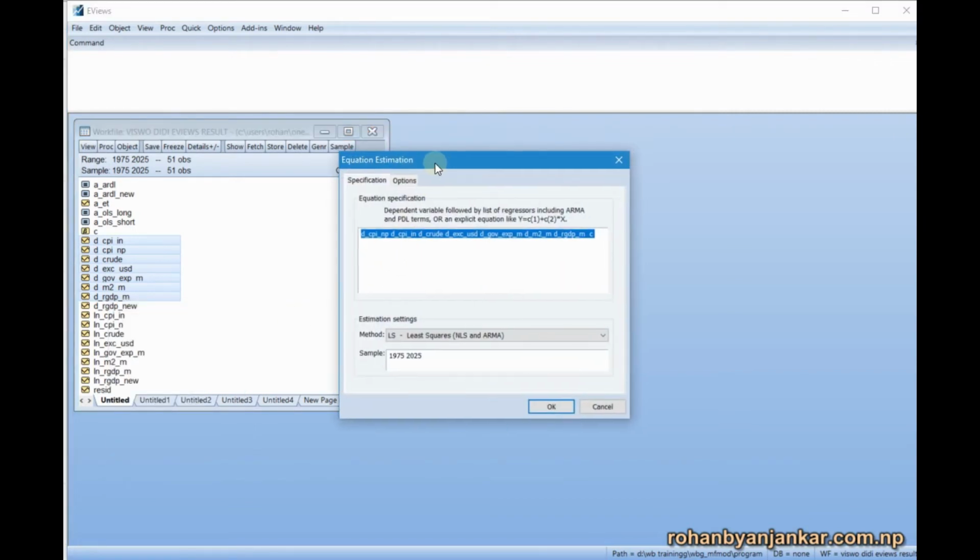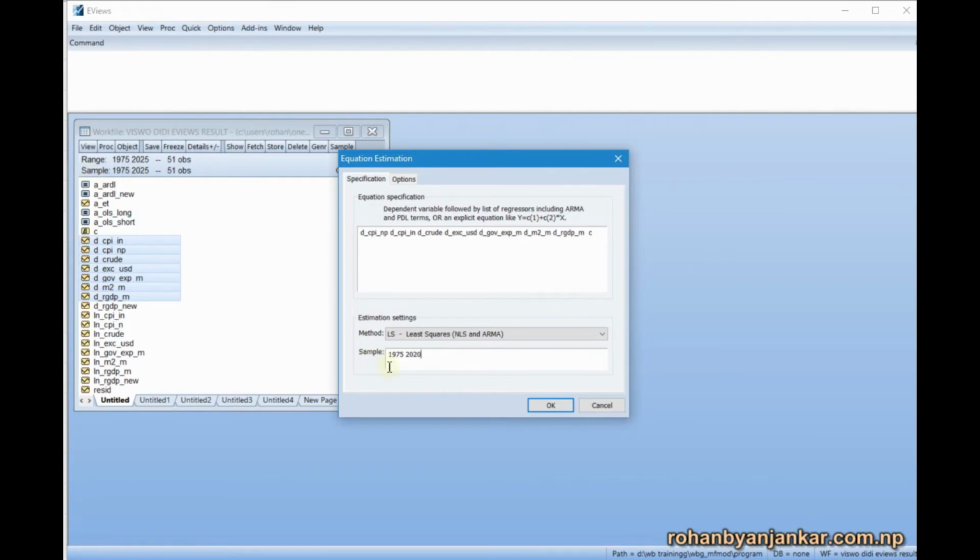Again the next box will appear, and here the first variable is the dependent variable and the other variables are independent variables, and the last, C, is the constant. We must keep C in our equation. We cannot suppress it, or it is better not to suppress it. My sample size is from 1975 to 2025, and this is not the case because the sample is only up to 2020.